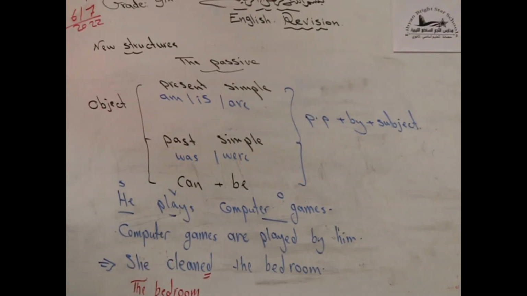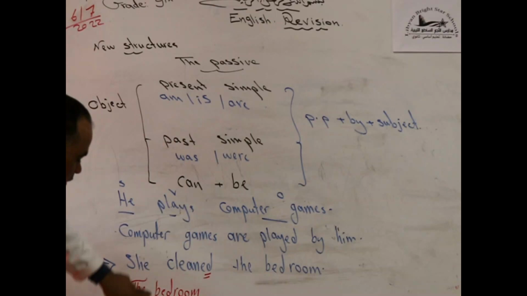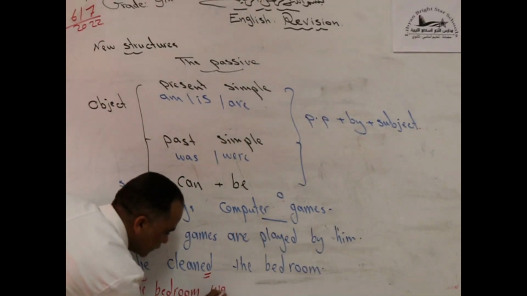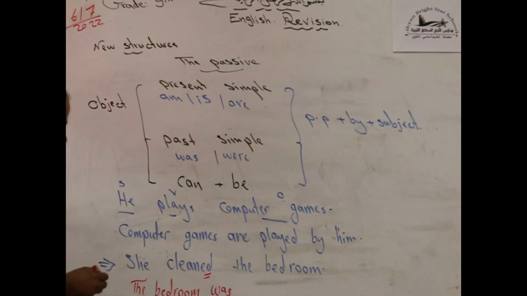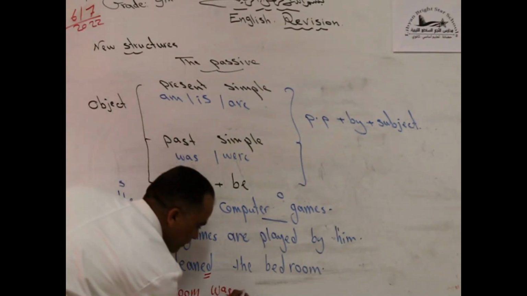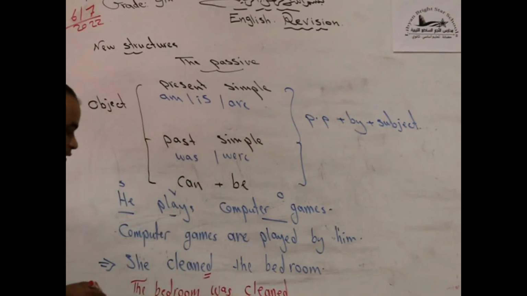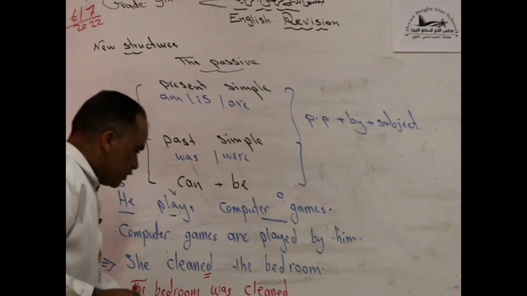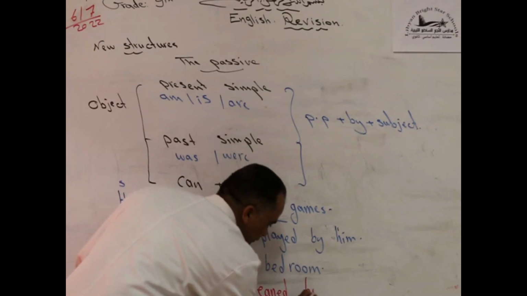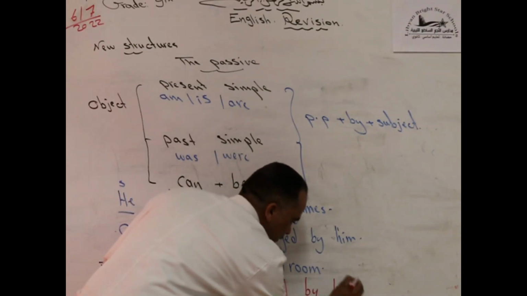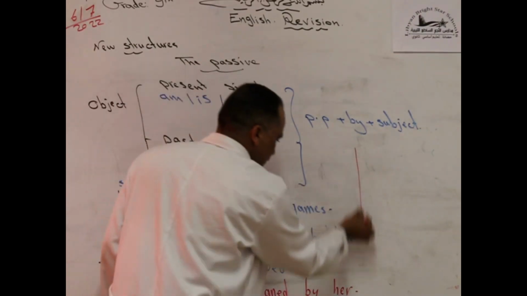Use verb to be according to the past simple, was or were. We have a singular noun, the bedroom, so was is used. The past participle of the verb clean is cleaned. It's a regular verb. فعل منتظم. The bedroom was cleaned by her. If you want to say who or what did the action.